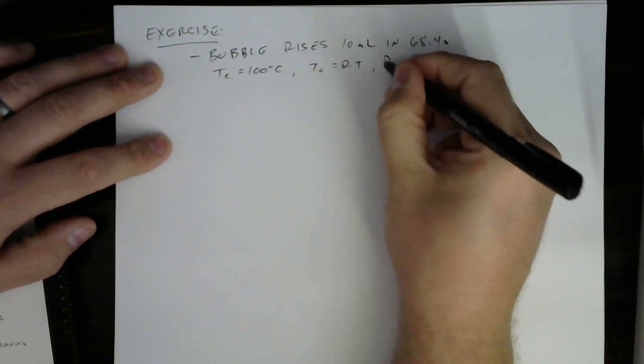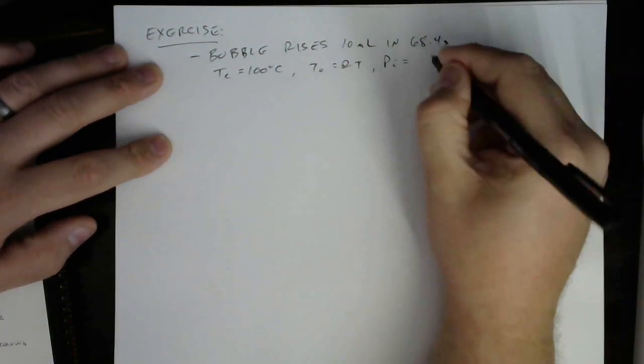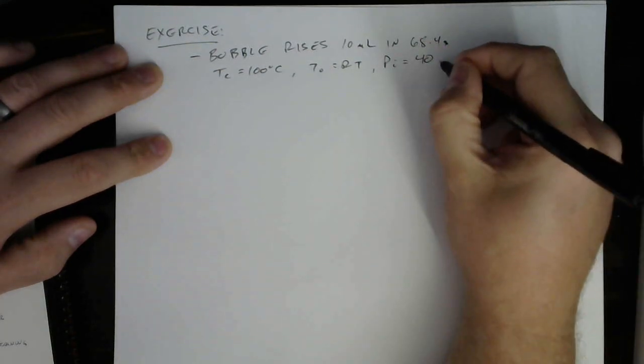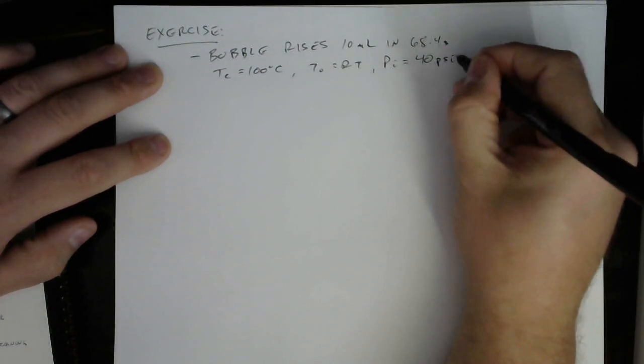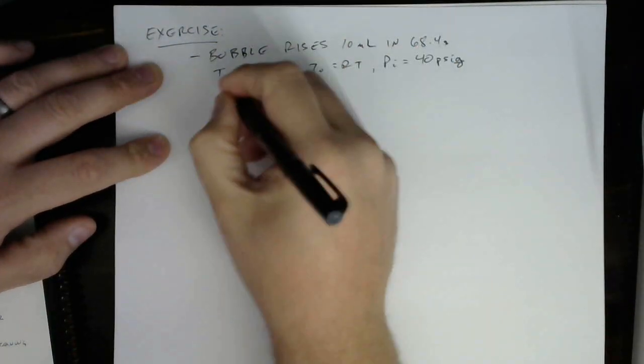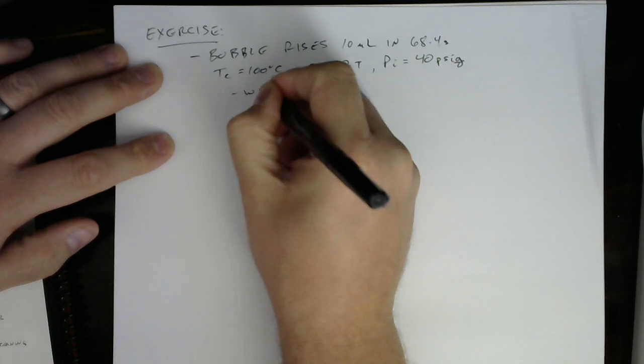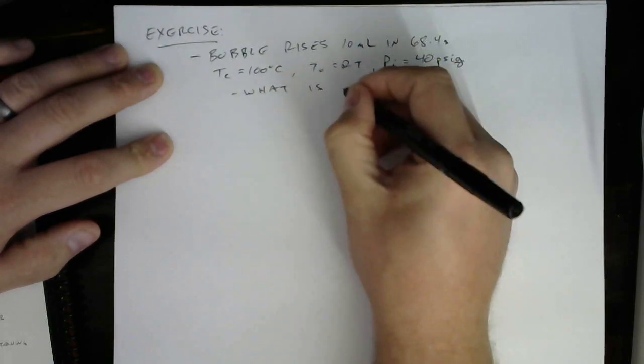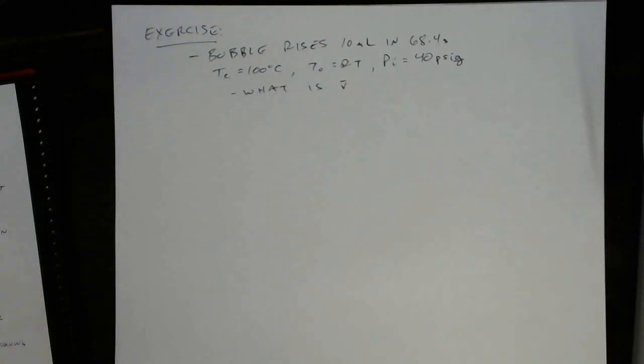The pressure at the inlet is 40 psiG. We're going to talk about that G in one sec. And the question in this exercise is what is the average velocity of carrier gas going through that column under these conditions?